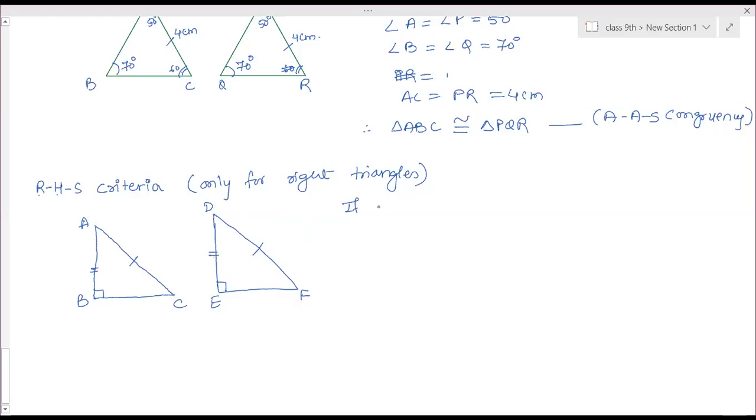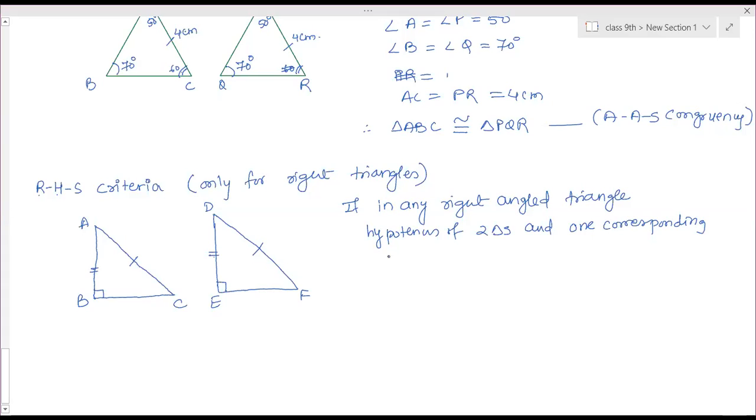So if in any right angled triangle, the hypotenuse of two triangles and one corresponding side of two triangles are equal, then the two triangles are congruent by RHS congruency.